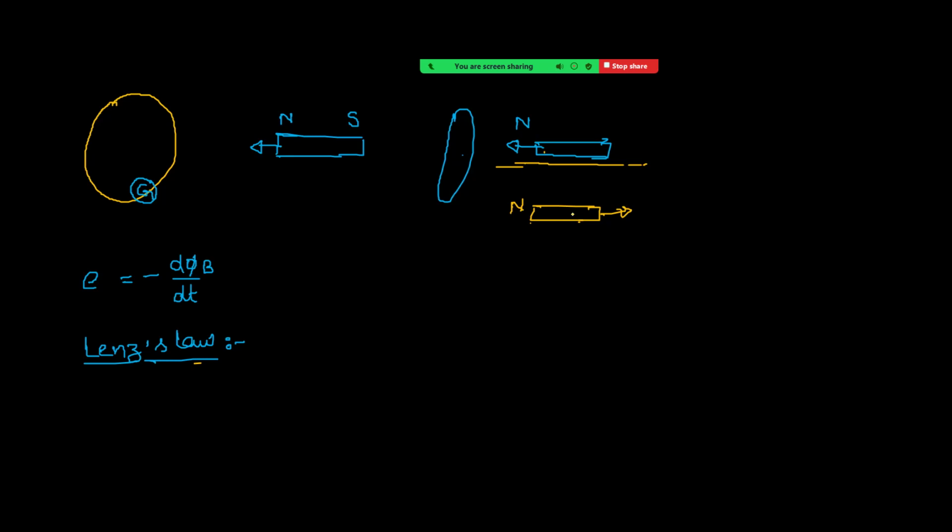Now the cause is the motion of the magnet away from the coil. It opposes that. It opposes that means if it becomes a south pole, then this will attract this north pole. So the force acting on this is to the left side, opposing its motion.